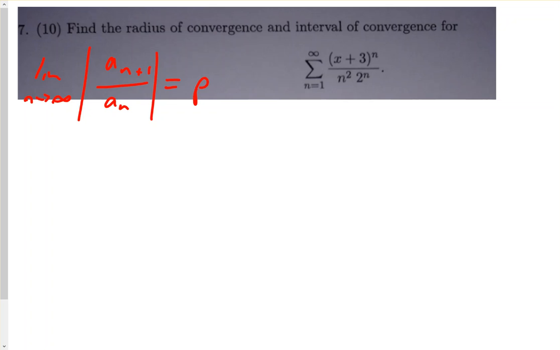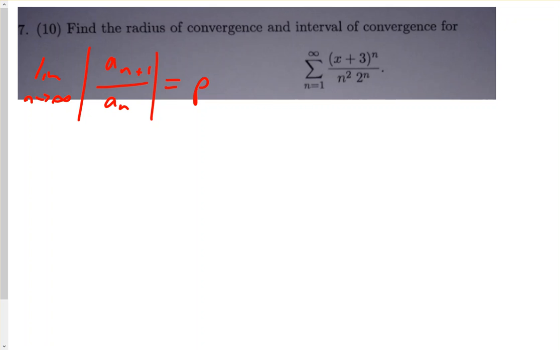If rho is less than 1, it converges absolutely. If it's greater than 1, it diverges. If it equals 1, inconclusive. But we're going to use the converges absolutely part to figure out our radius and our interval of convergence.